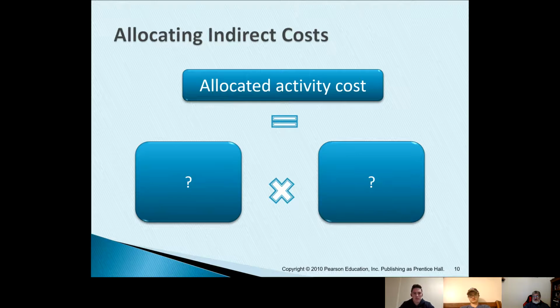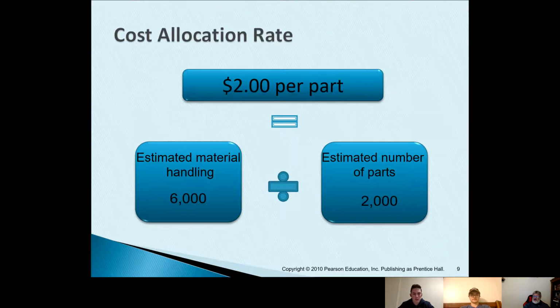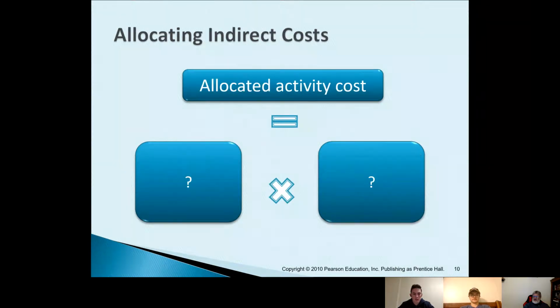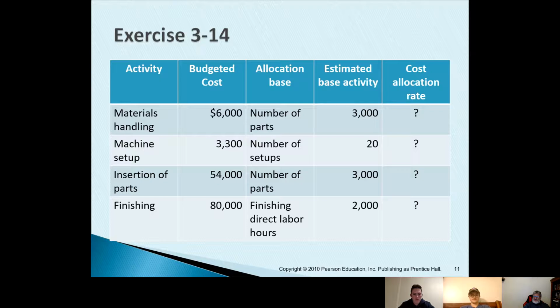Okay. So allocating indirect costs. Now, those were direct costs, right? No, they weren't. Why would I say that? So allocated activity cost. This is exercise 3-14 in the book.